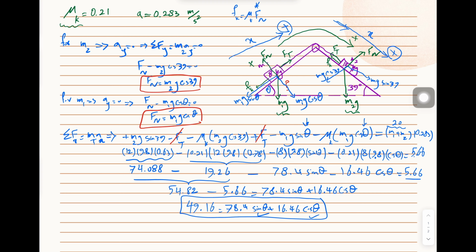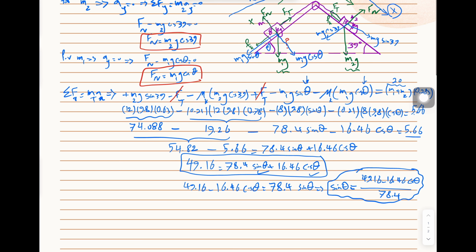So for example, I can have 49.16 minus 16.46 cosine theta equals 78.4 sine theta. Then sine theta is gonna be 49.16 minus 16.46 cosine theta divided by 78.4. Now I have sine theta here, right?